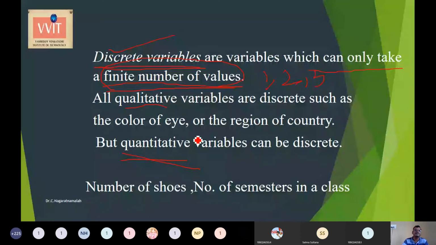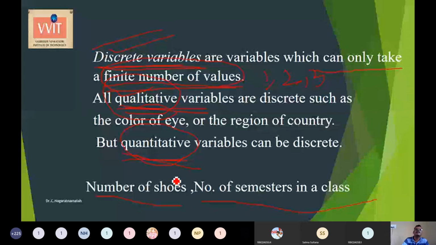Here we have to note that all qualitative variables are discrete, as well as some quantitative variables, when you are assigning numerical values. Therefore, if numbers are finite, we call that variable a discrete variable. For example, number of shoes, number of semesters a student studied in a class, like this.